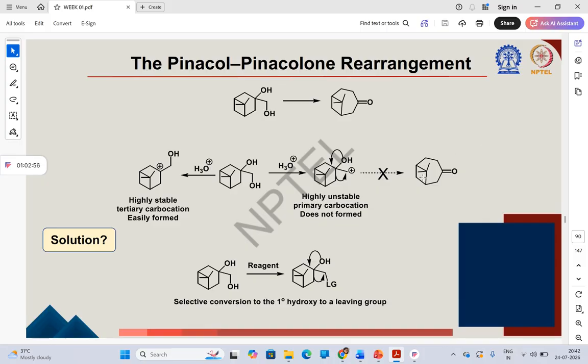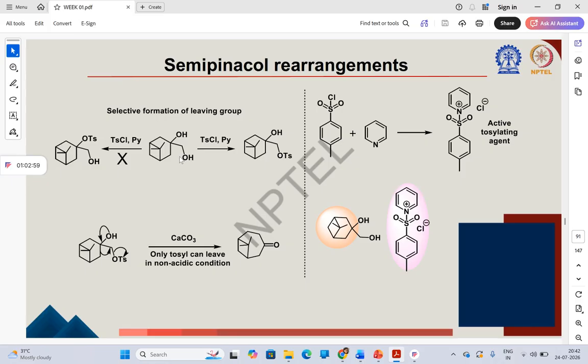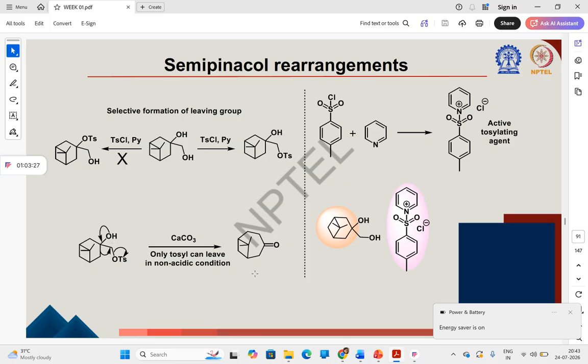To solve this problem, one hydroxy group is converted to a good leaving group, that is OTs, the tosyl group, right? So tosylate will form, and it is a good leaving group. Even in the absence of acid, it will get knocked out. Once it is knocked out, the oxygen lone pair electrons will push here and it will migrate. Only tosyl can leave in non-acidic conditions.